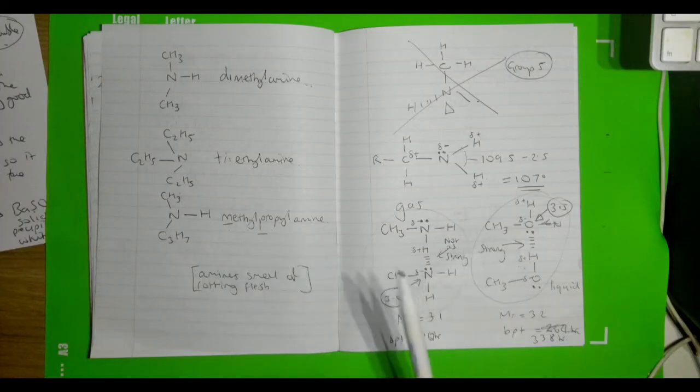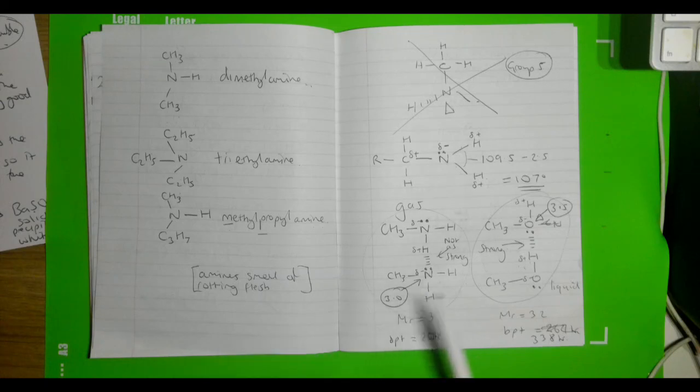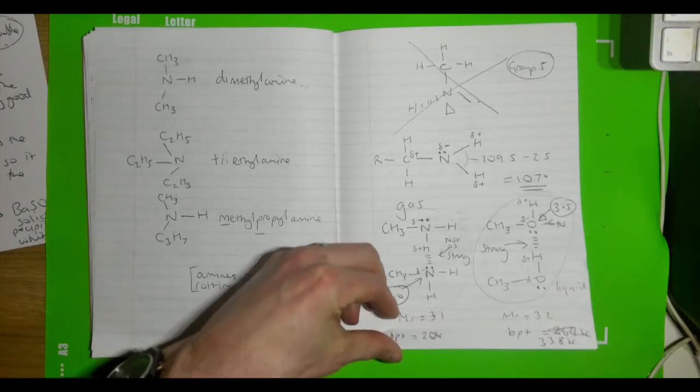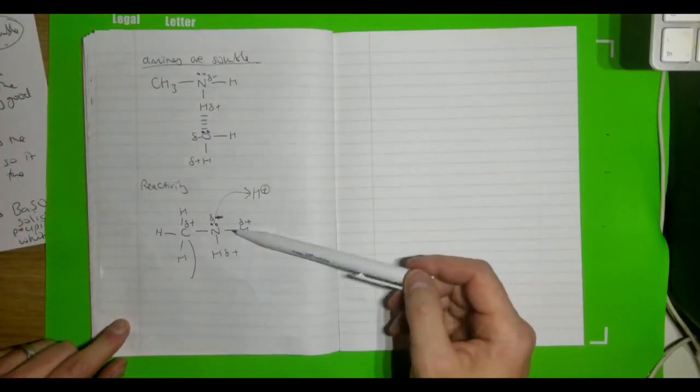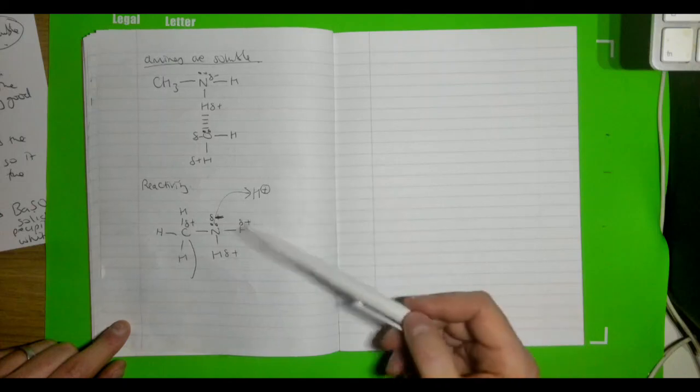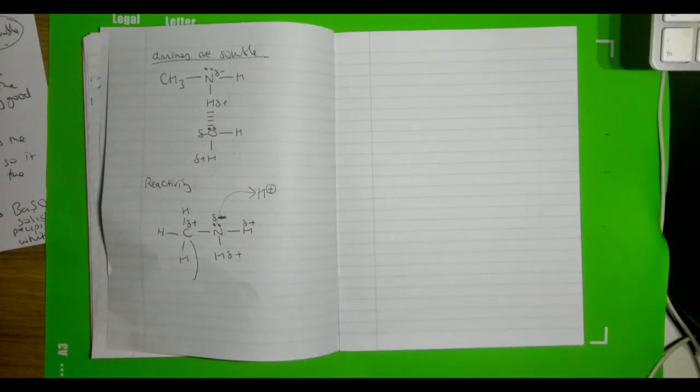Naming tertiary amines, why amines smell of fish or rotten fish, and why amines have a lower melting point and boiling point than alcohols, and why amines are soluble. And a little hint there for what we're going to do next, actually, of why they're reactive. So that's basically 28.1 done.